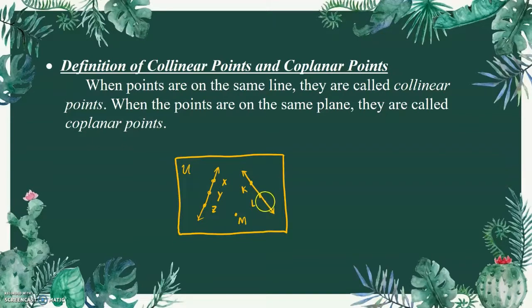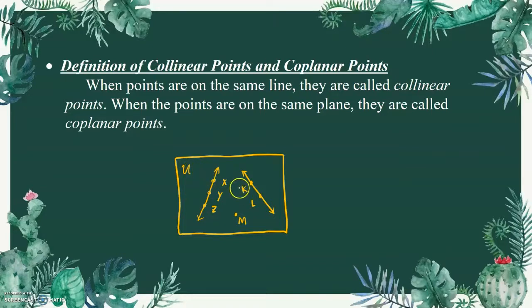Point K and point L are also collinear because they are located on the same line. Now, point X and point K are not collinear, but they are coplanar points, because these points are located on the same plane, which is plane U.